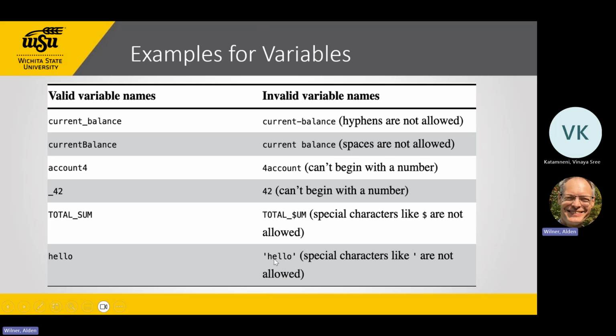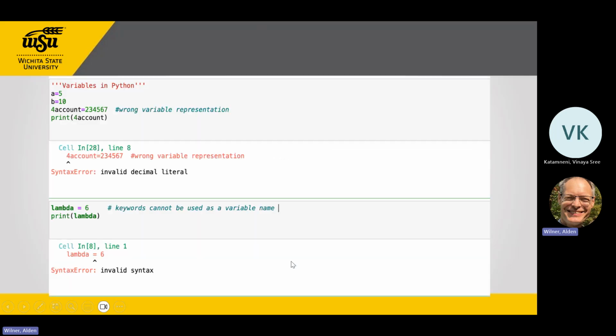Another string here: hello with characters around it. This is a string. This is not a variable. Some variables. We got an error here. Invalid decimal literal is what that's saying. If we say lambda equals 6, we get invalid syntax. Why? Because lambda is a keyword in Python. How many people know what lambda means in Python? Few people.